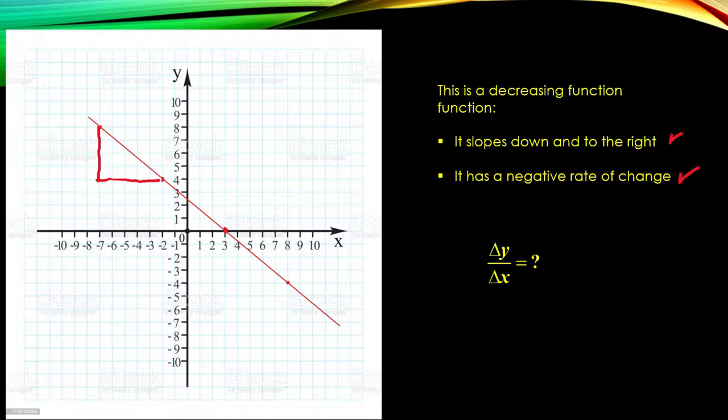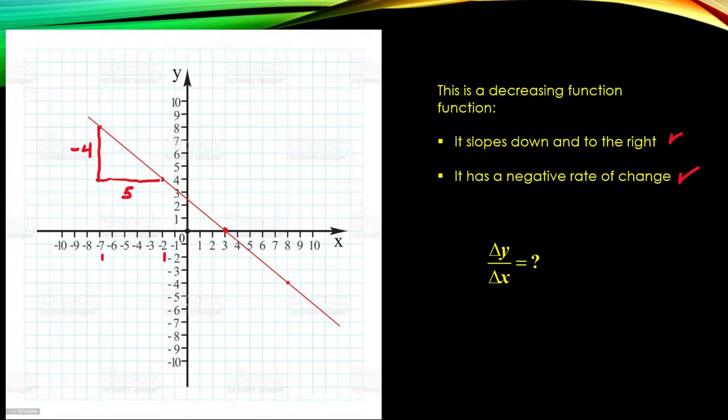Let's do the vertical distance first. This point is 8. We come down to 4 on the y-axis. That's going to be a change of negative 4. And then on the x-axis, we go from negative 7 to negative 2. That's going to be an increase of 5.